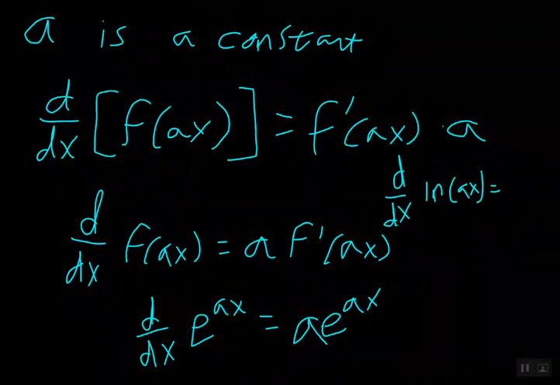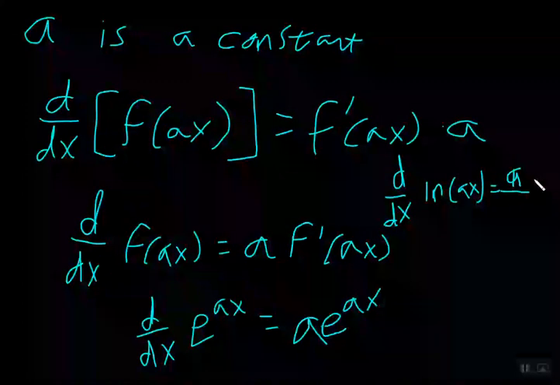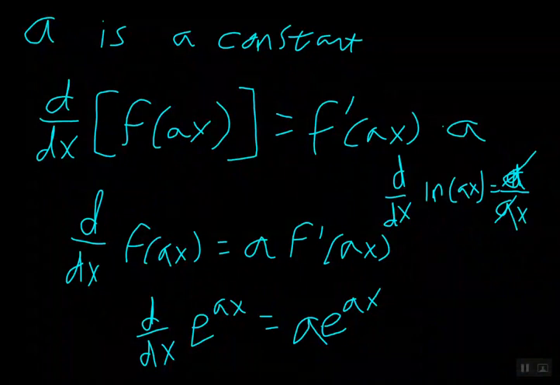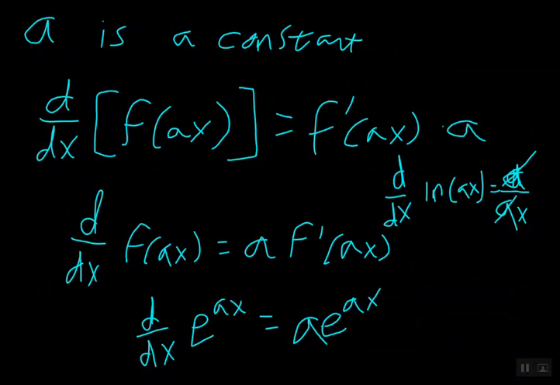The derivative of the natural log of ax is a, because you bring that a out, and then the derivative of the natural log is 1 over x, so we get a over ax. The a's will cancel out. Apparently the natural log of ax has the same derivative as the natural log of x, and see if you can figure out why that is with the properties of logarithms.